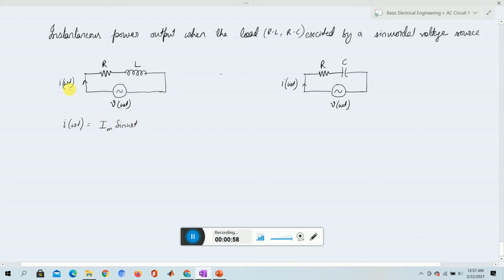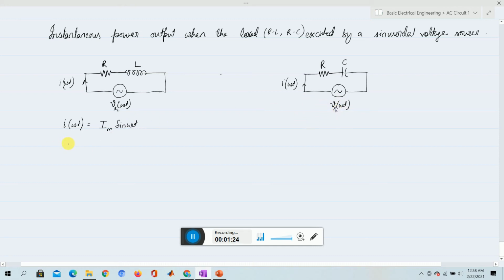The current is the same in both cases, and let us say this is for RL. These two are different values. You can have a supply voltage Vs here, and also Vs here; we can say VSL and VSC for the capacitor.